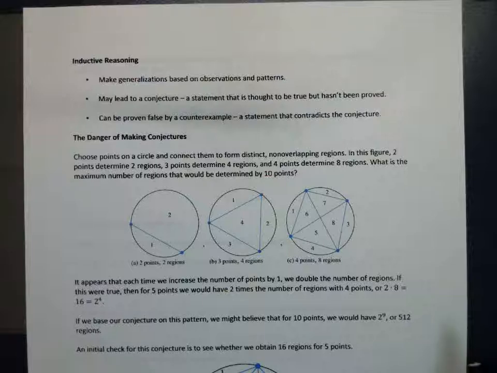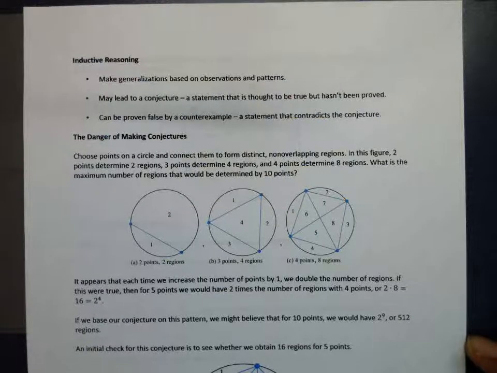And also, we can take a statement and prove it to be false by coming up with a counterexample. Okay. Conjectures can be proven false by coming up with a counterexample. All you need is a statement or an example that contradicts that conjecture.